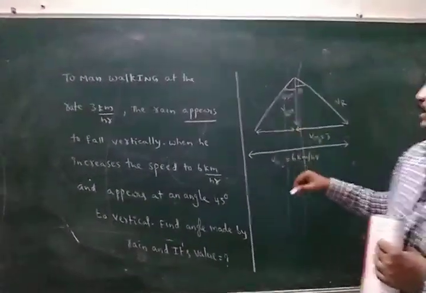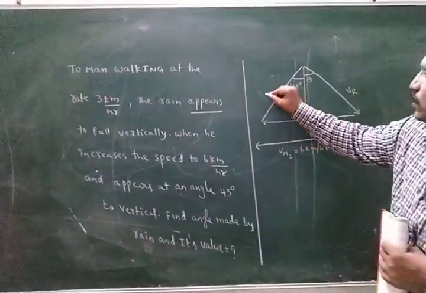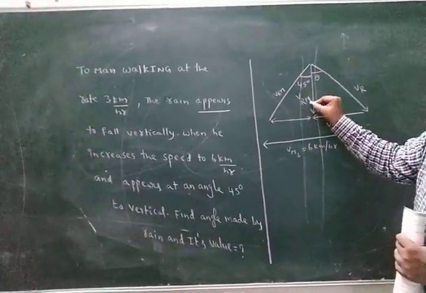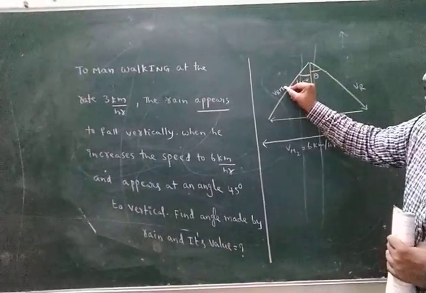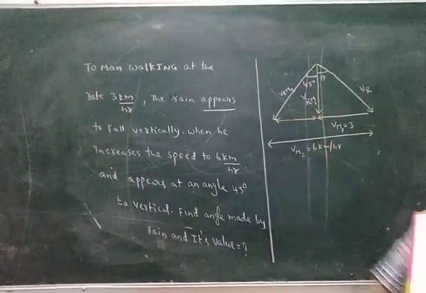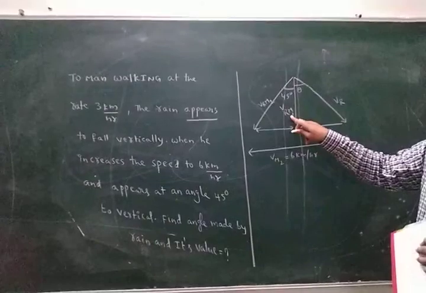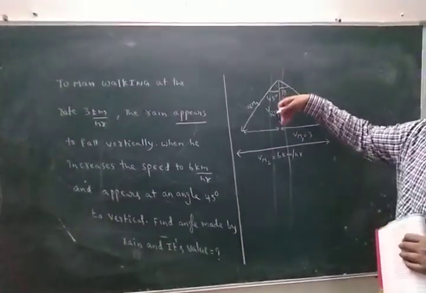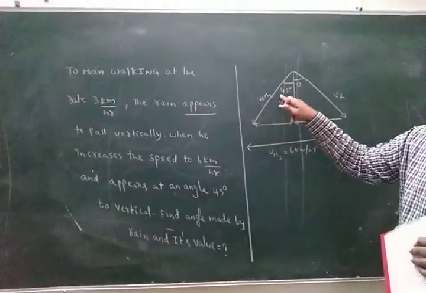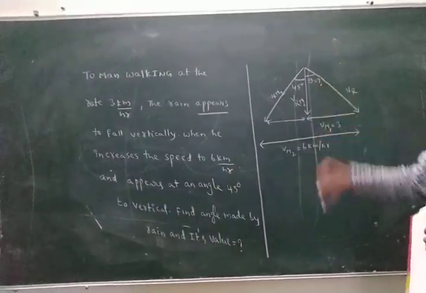Once again I repeat, the speed of the man increases. In the first situation, with respect to Vm1, rainfall appears vertically downward. According to Vm2, rain falls making an angle of 45 degrees with the vertical. The question is to find the theta value.